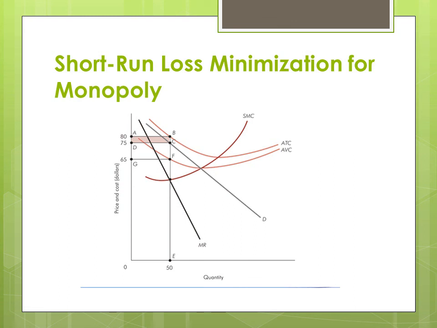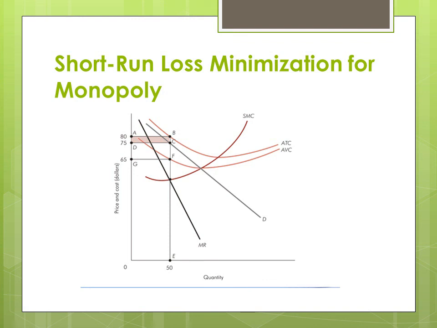So here the firm bears average total cost as a loss because average total cost is above the price. The firm's loss is minimum because the firm covers average variable cost, as average variable cost is below the price.